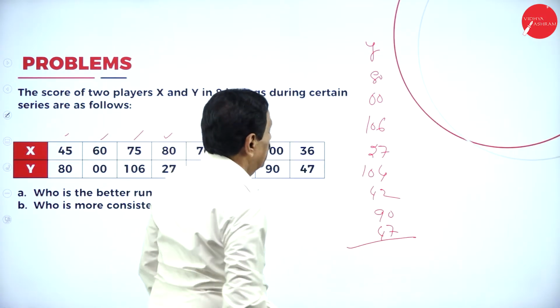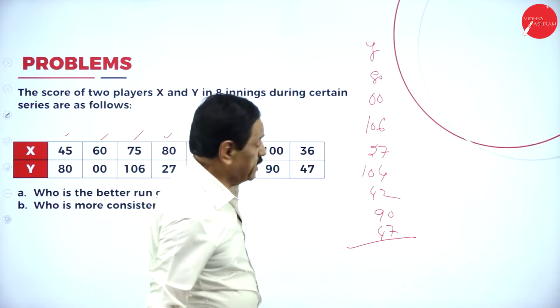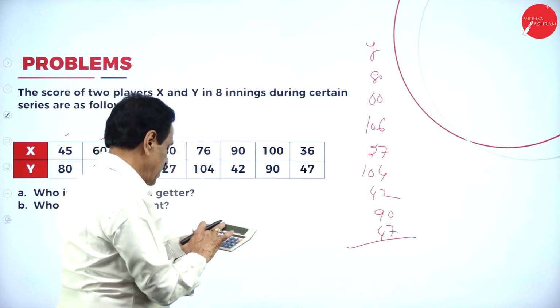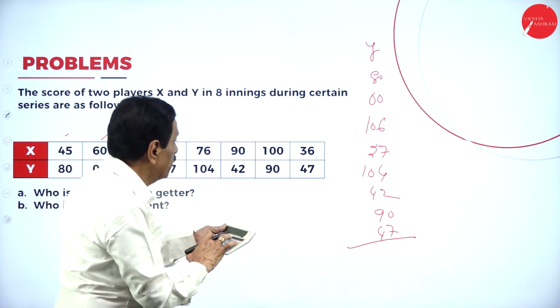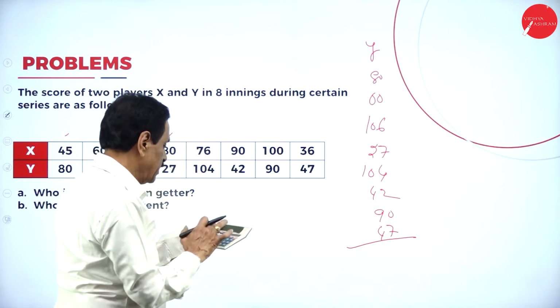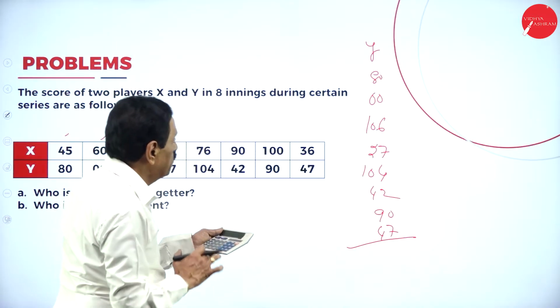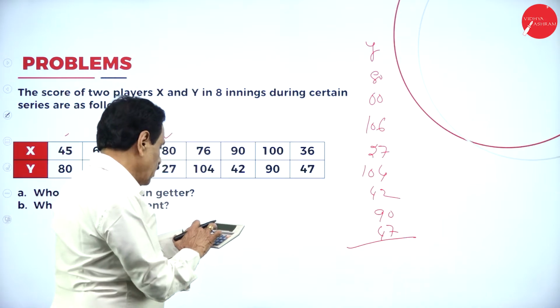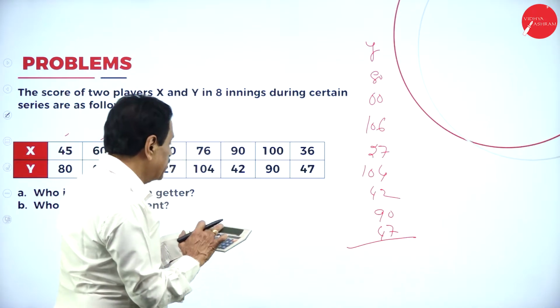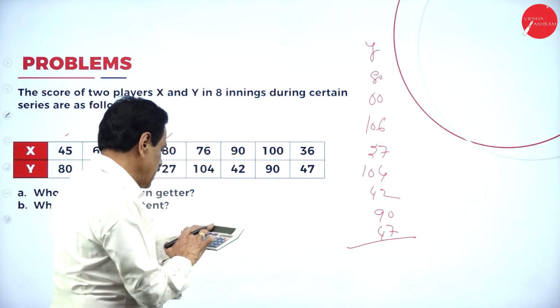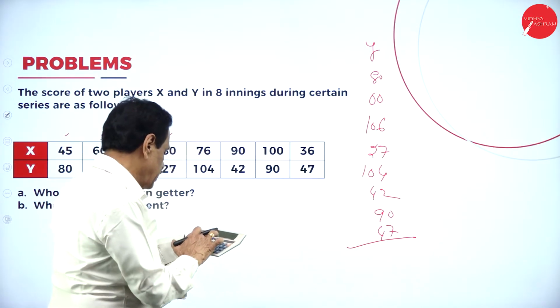Add the figures. Y goes how much? 80 plus 106 plus 27 plus 104 plus 42 plus 90 plus 47.